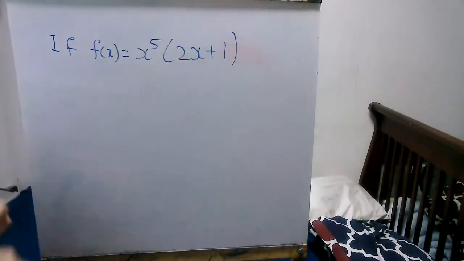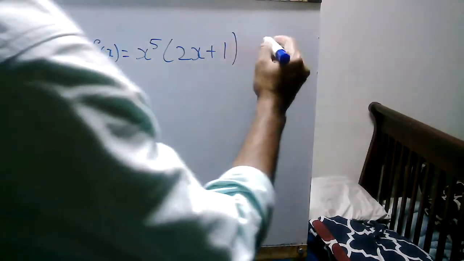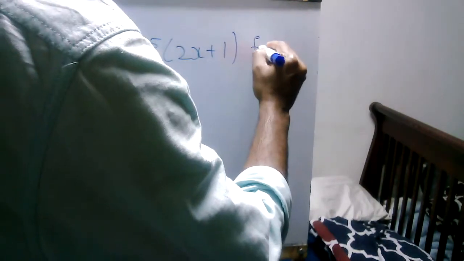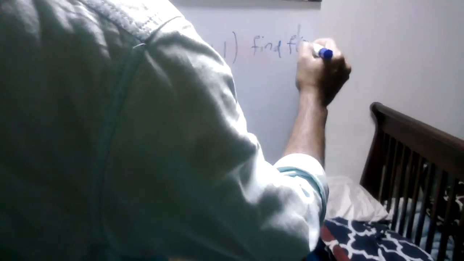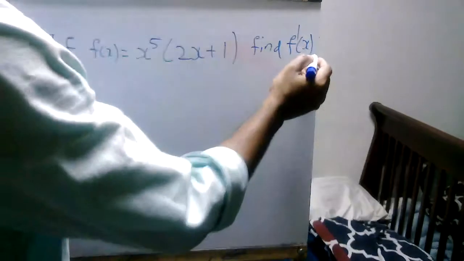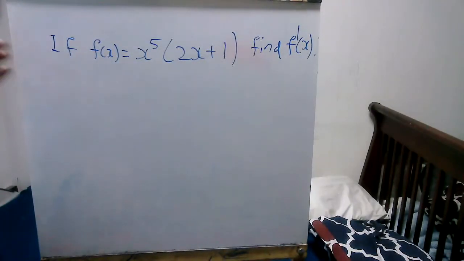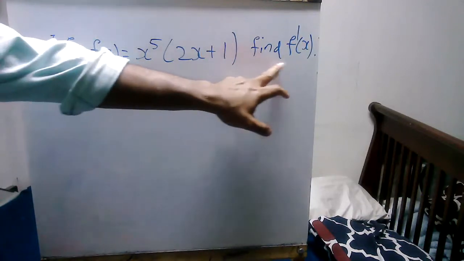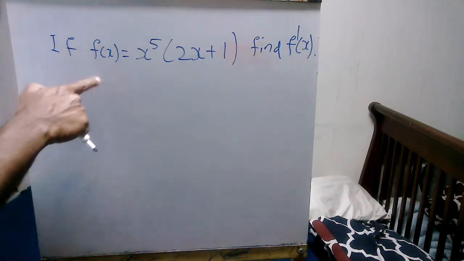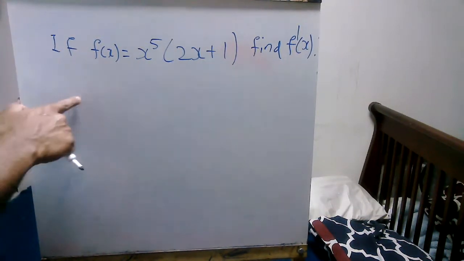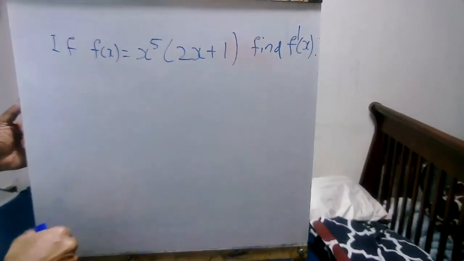If f(x) equals this, find f dash. If f(x) is equal to this, we want to find f prime x or f dash x. You know, we can write this as df over dx or f dash x.